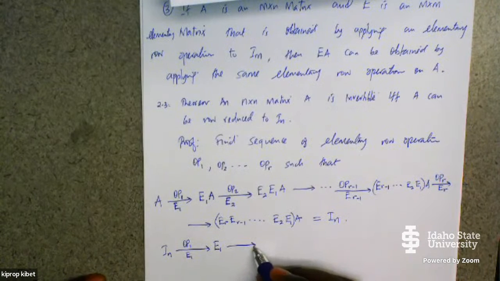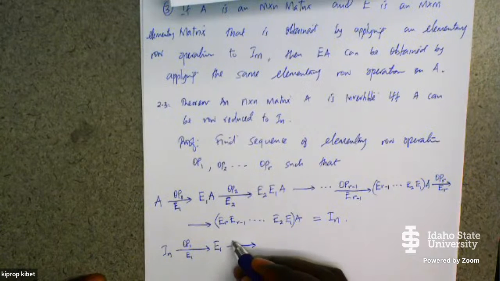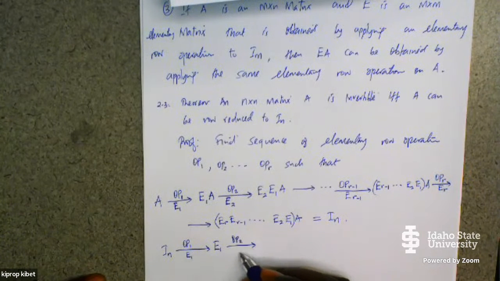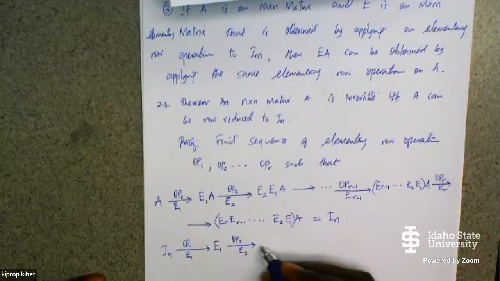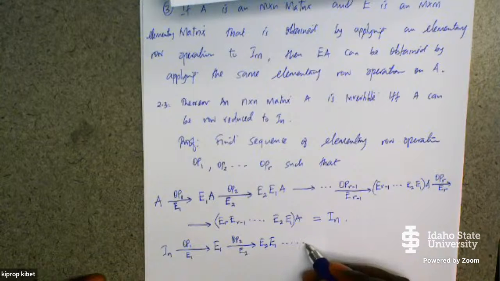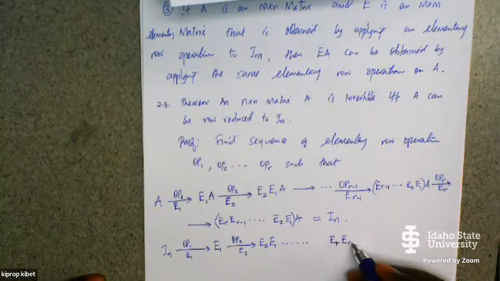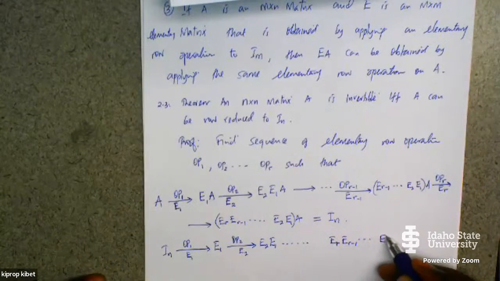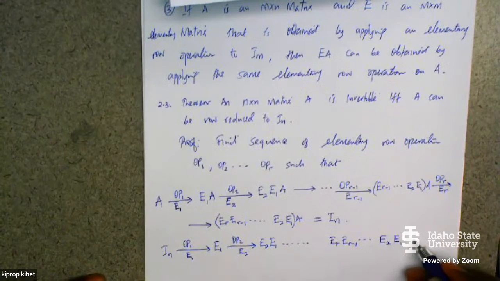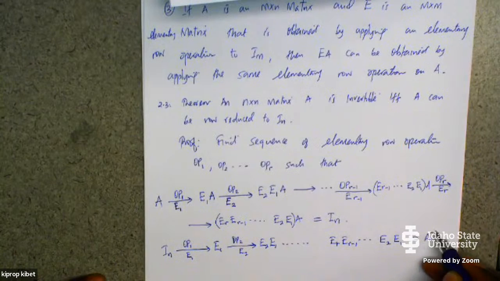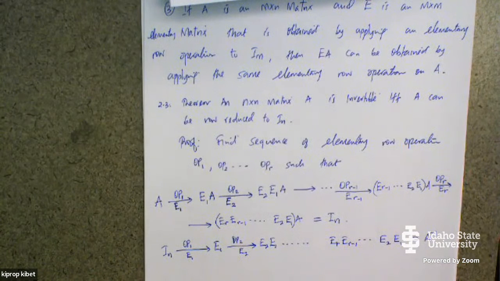If you continue like that, operation 2 gives E2 and E1. Continuing until the last one, ER, and then E2, E1, what you get is an inverse.